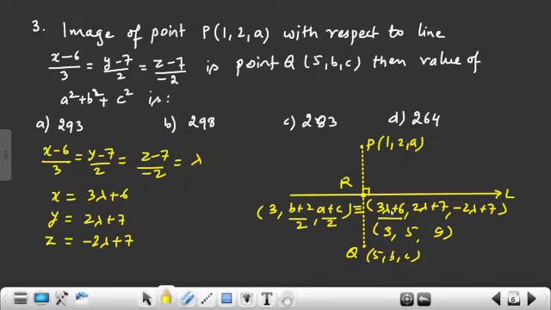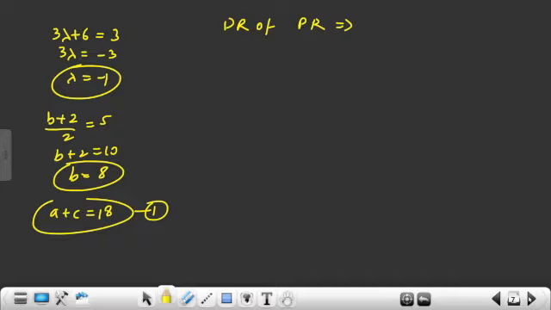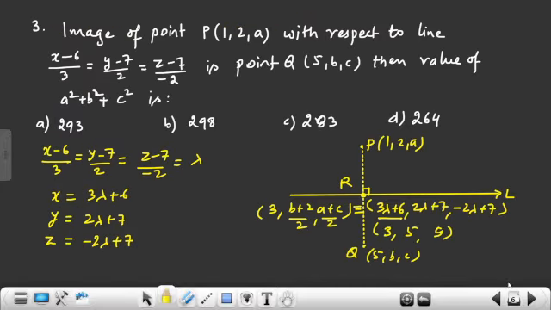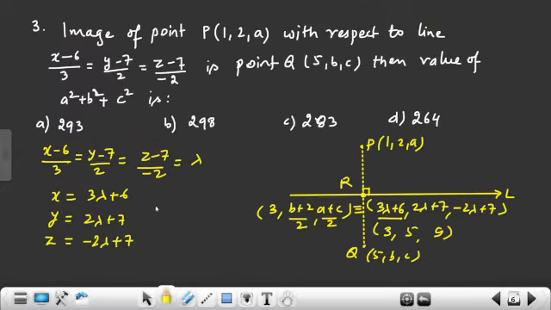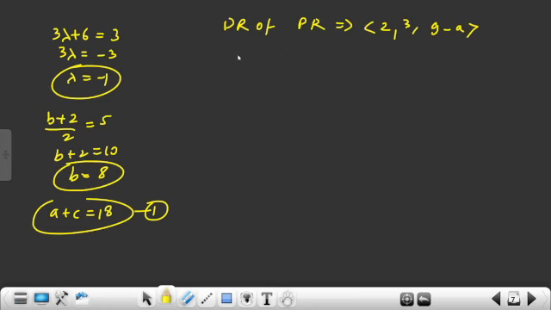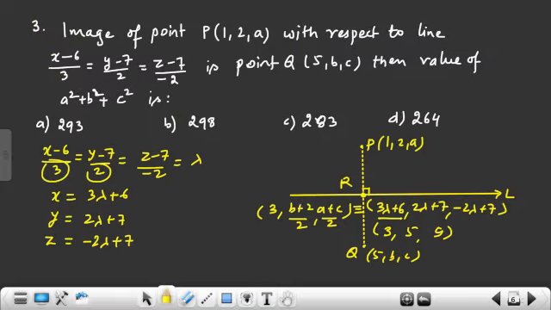DR of PR: this is 3 minus 1, 2; 5 minus 2, 3; and next is 9 minus A. And what is the DR of the line? 3, 2, minus 2. Right?